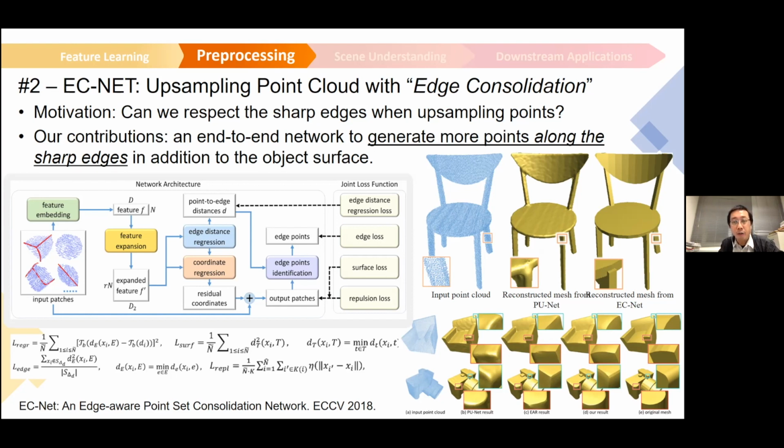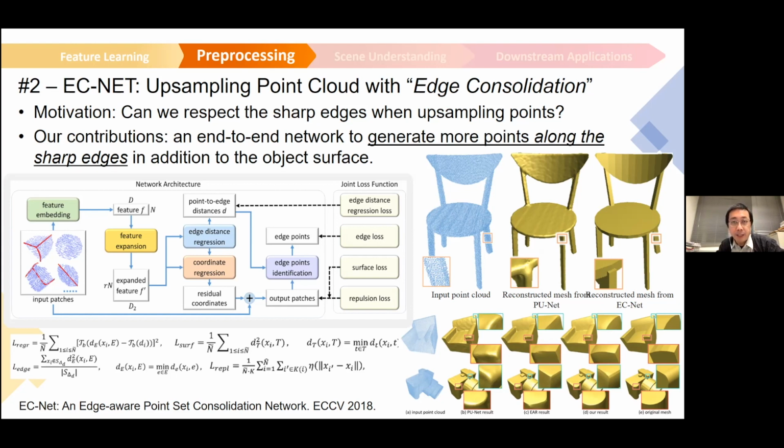In this way, our network is able to upsample more points that are closer to the edges. But of course, one deficiency in this approach is that it requires some annotation. That's why some recent work by other research groups tries to overcome this issue in a more unsupervised manner.